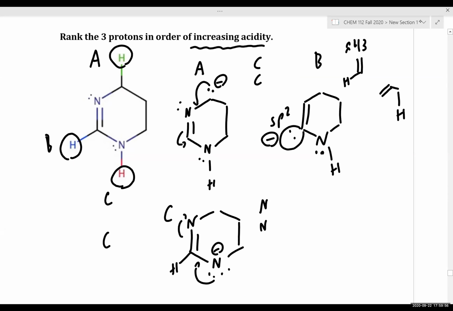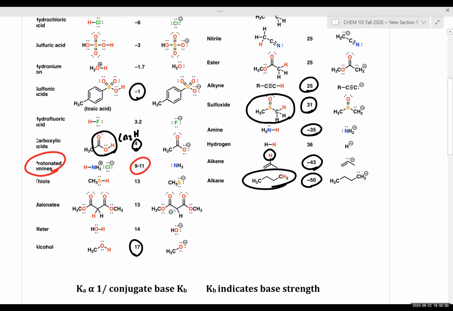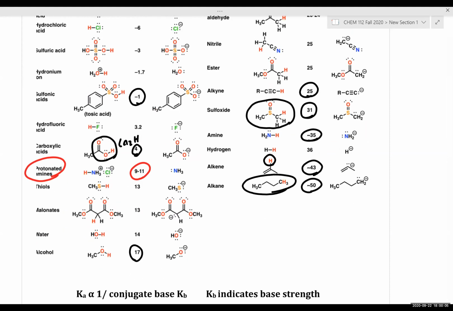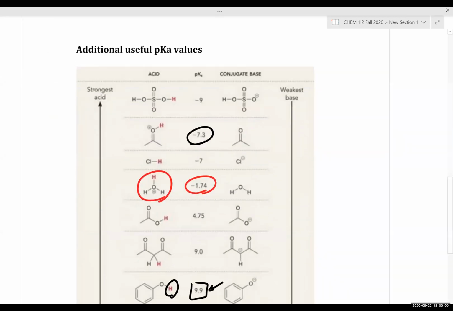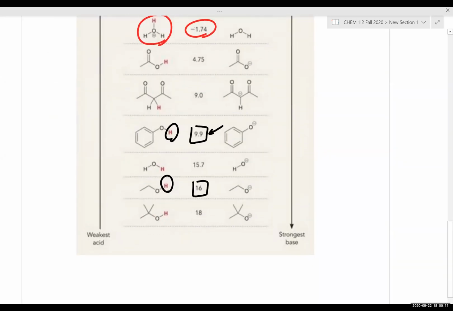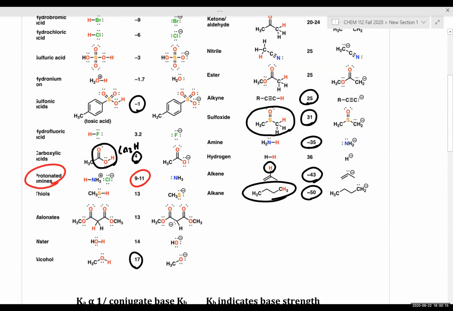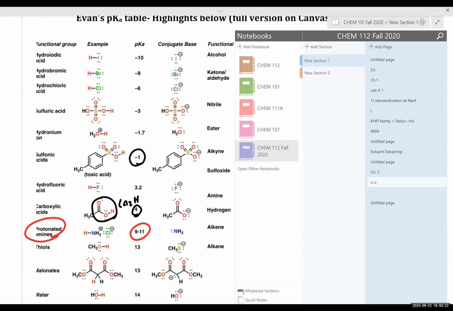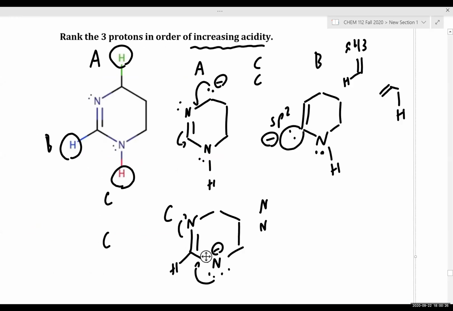Okay, what about an allylic proton? Let's see if we have any clarification for our allylic proton. So nothing directly in the table, but we can make an argument that would seem reasonable from the perspective of resonance effects.